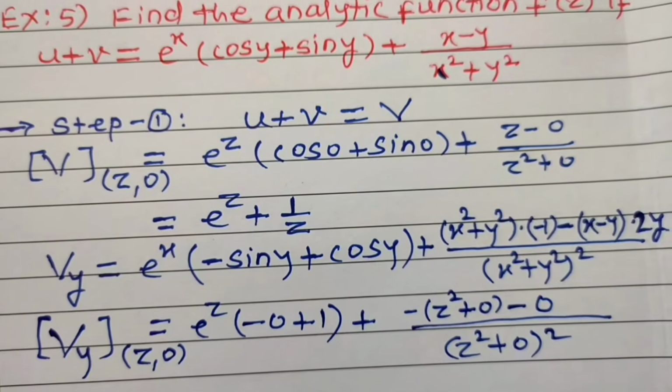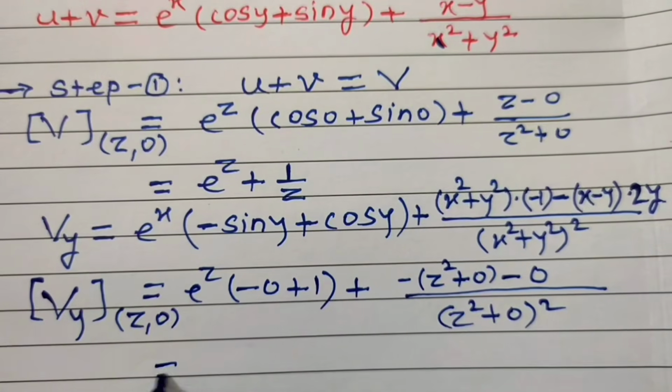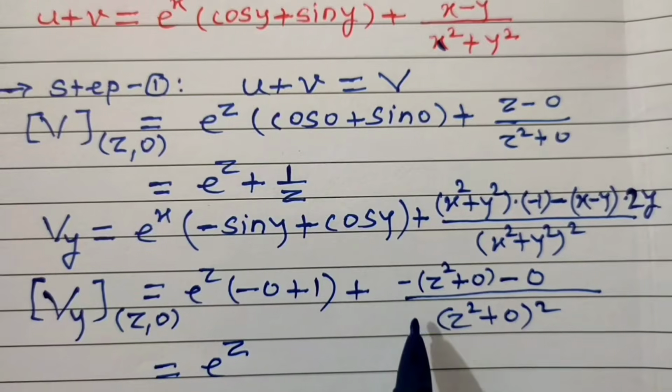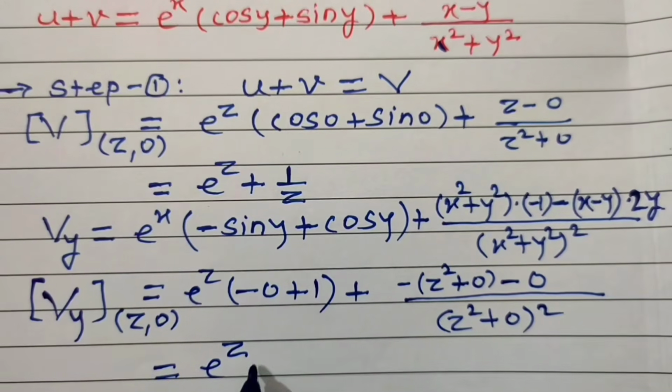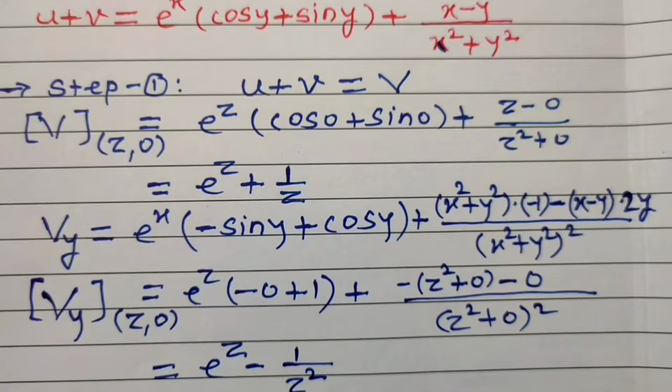So Vy at z comma 0 is given by e to the power z, and this can be written as minus z square upon z raised to 4, that is minus 1 upon z square. So this is Vy at z comma 0.